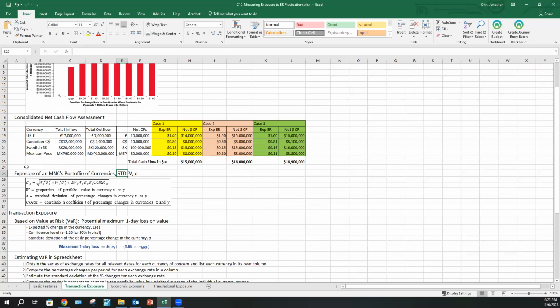So you calculate standard deviation to get insight about the currencies' volatility and risk.